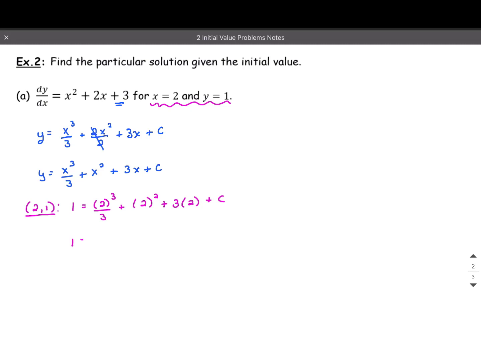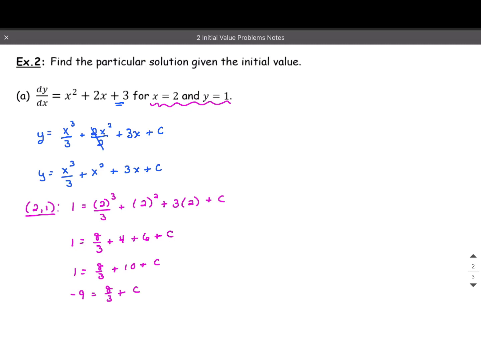All right, now we have 1 equals 2 cubed is 8 over 3, 2 squared is 4, plus 3 times 2 is 6, plus c. So now we have 1 equals 8 thirds plus 10 plus c. We can subtract that 10 and we'll have negative 9 equals 8 thirds plus c, right?